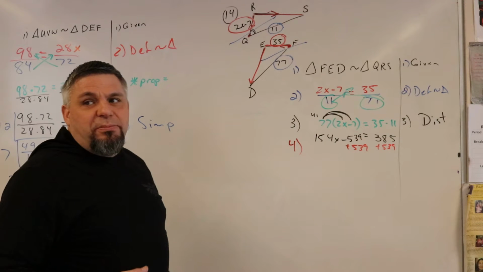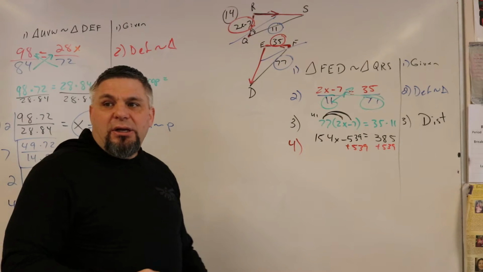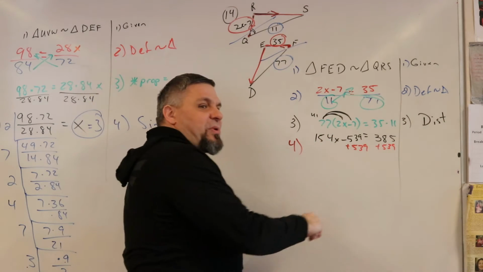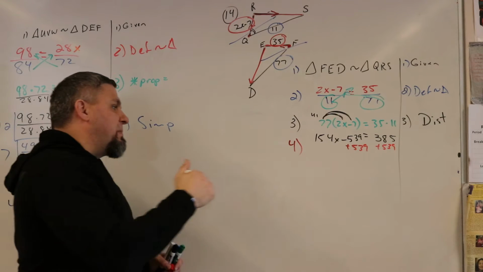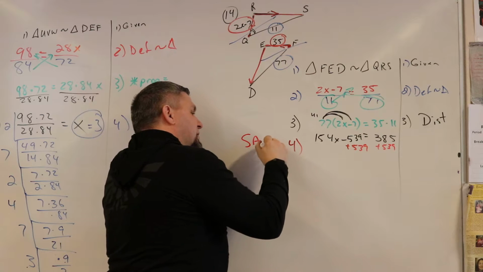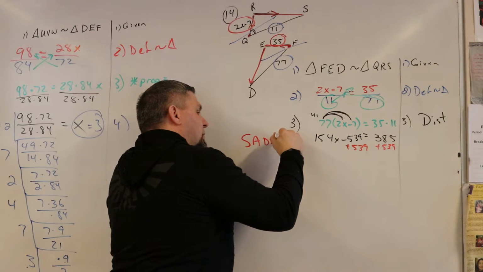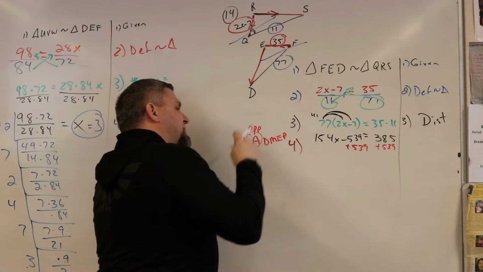But what's the key to the problem? Getting x alone, right? So we always want to move pieces away from x. So always do the opposite of what's happening to x. Remember, SAD MET. Subtraction, addition first. So we always start with subtraction, addition, always the opposite.